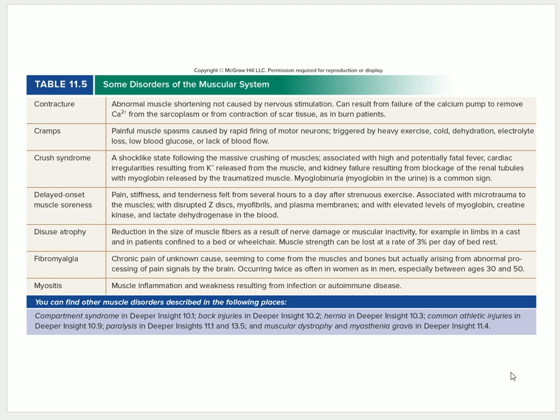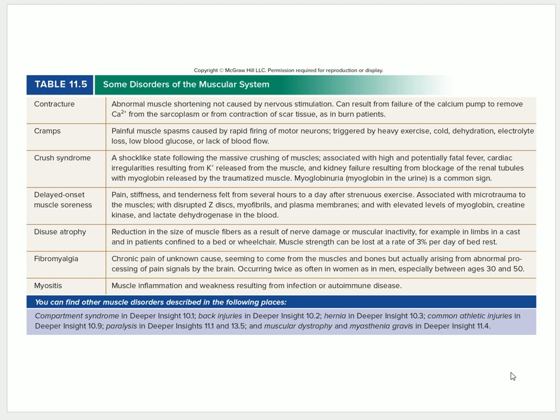So this is potentially fatal. High fever. This is especially fatal because myoglobin can go into the urine and cause a super big fever, and everything messes up, et cetera, et cetera.